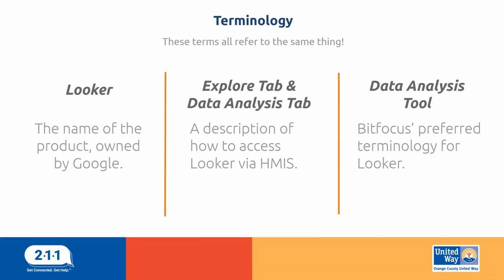Basically, Looker is a Google reporting tool, but it's embedded in our HMIS system. Once you have access, you'll be able to use Looker to create reports and save them to HMIS so that you can explore your agency's data, and whatever is entered in HMIS should be available for you to create a report on.